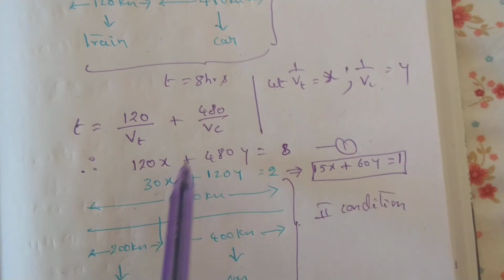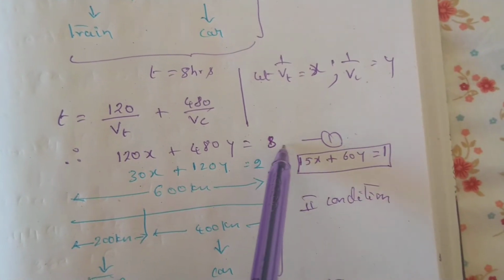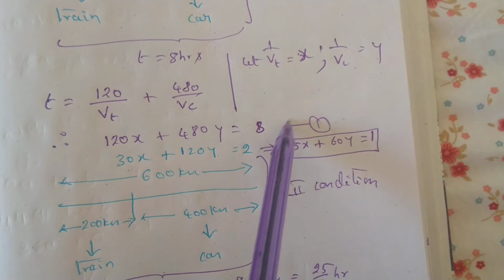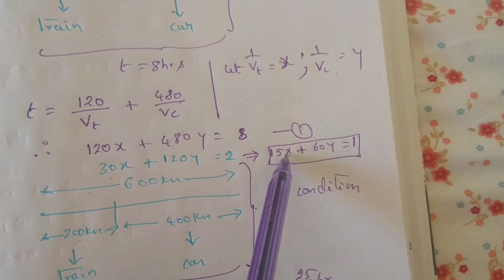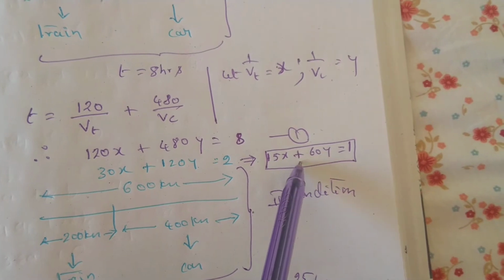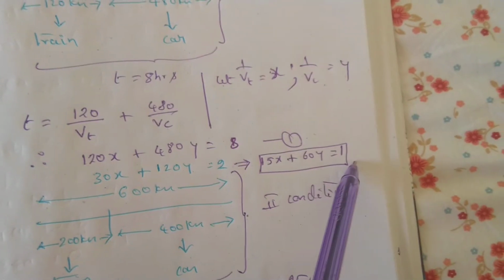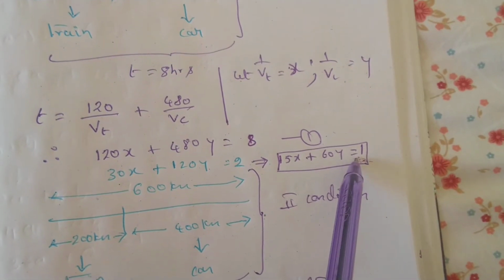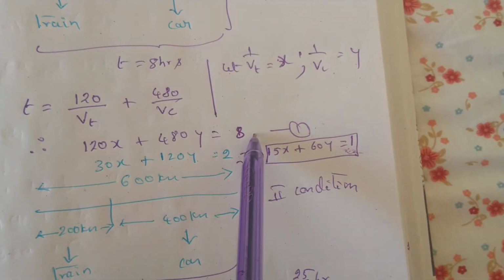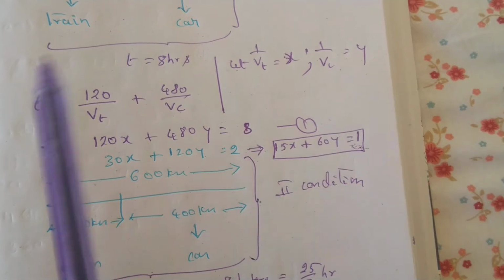So 120x plus 480y is equal to 8. Simplify this equation, because you have the factors here. After simplification, 15x plus 60y is equal to 1. This is the first equation, on dividing the whole thing by 8.